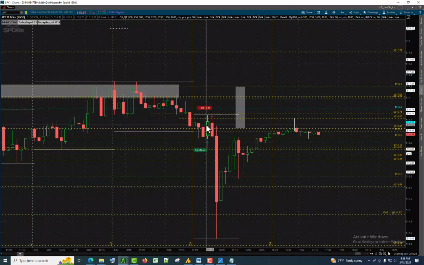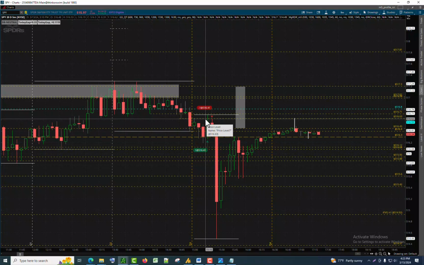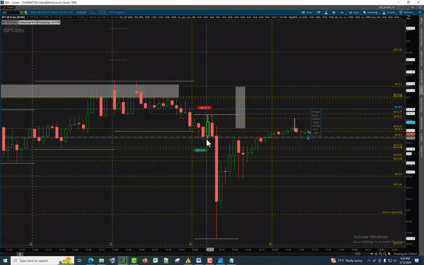Our first initial target is going to be this level, because you see that breakout level and this one breakout level, then it's going to retest the level.